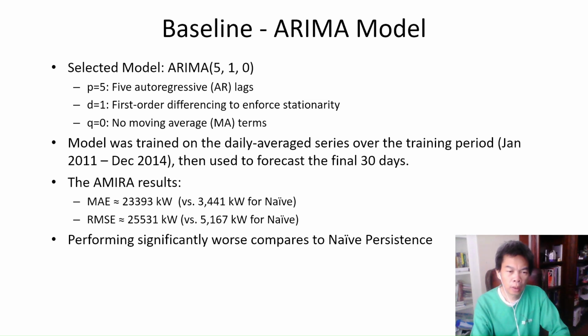Compared with the Naïve result, it's performing significantly worse. So that means the ARIMA model on daily average data is not sufficient here. We might need to either fit directly at 15-minute frequency or move to models that can learn multiple time scales.